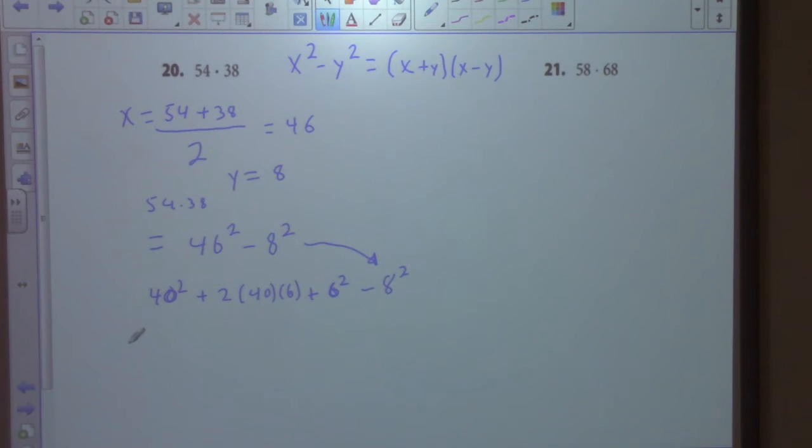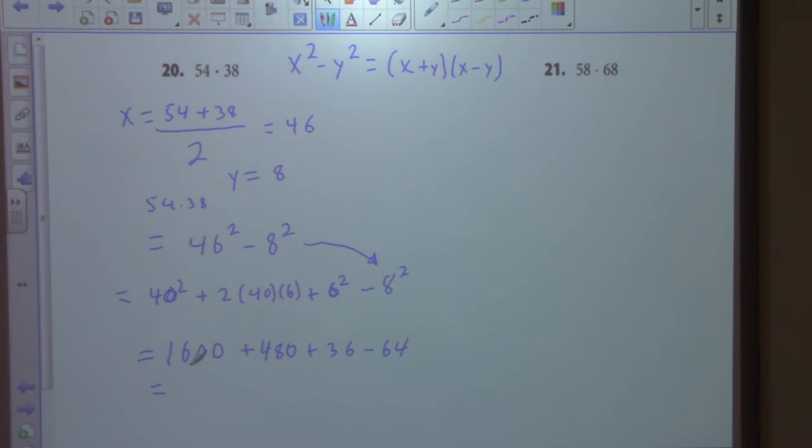So now we can put it all together and get, what is this going to be, 1600, and then 2 times 40 times 6. What's 2 times 40? 80. And 80 times 6 is 480, plus 36 minus 64. And that should be it.